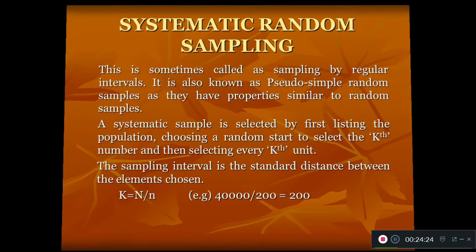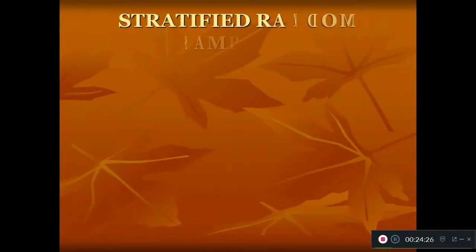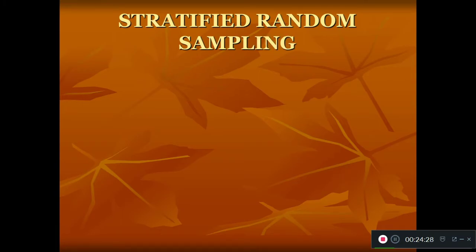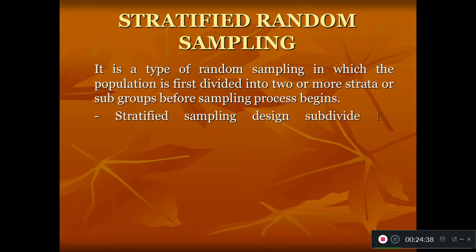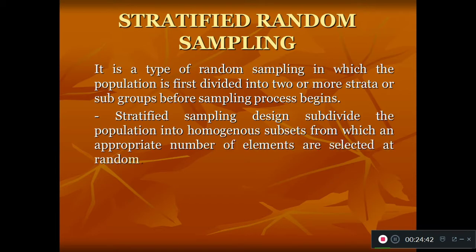So this is the systematic random sampling technique. So what is stratified random sampling? The next one is the stratified random sampling technique. It is a type of random sampling technique in which the population is first divided into two or more strata or subgroups before the sampling process begins.